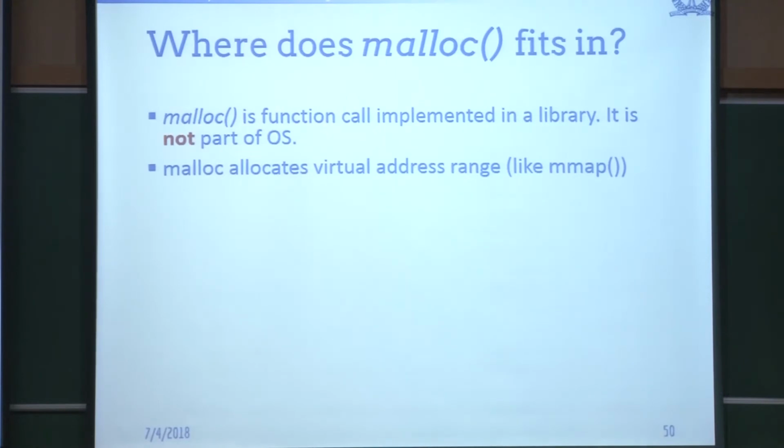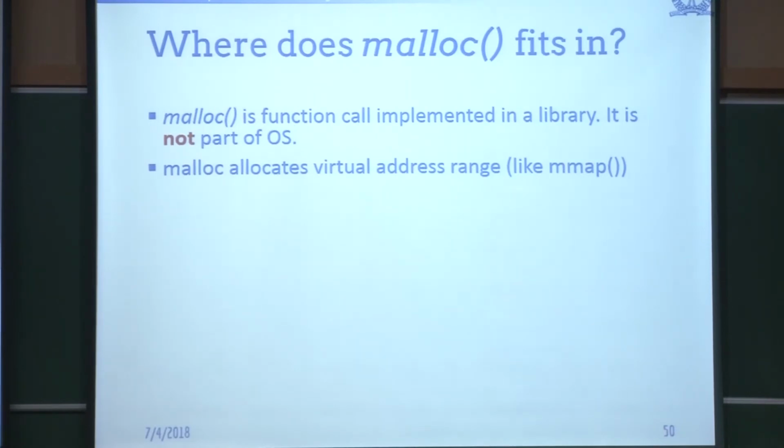When you allocate through mmap, which is the system call, its length has to be a multiple of 4 kilobytes. But many times you allocate small memory regions, 64 bytes, 18 bytes, and so on. If you always return 4 kilobytes for each of them, what would happen? Internal fragmentation.